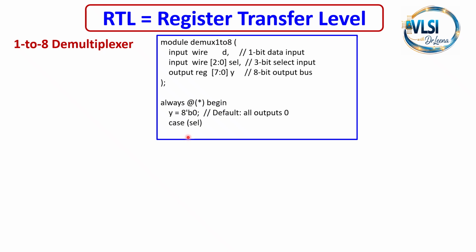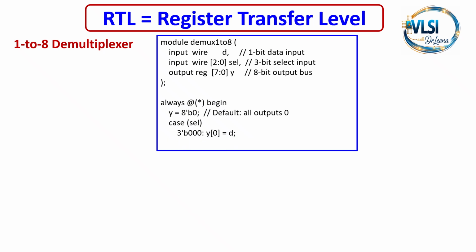Next is case sel. This one checks the value of the select signal to decide which output to activate. Now you see, first we are giving 3-bit binary 000. If sel is 000, assign input D to the output Y0. That is, input D is assigned to output Y0.